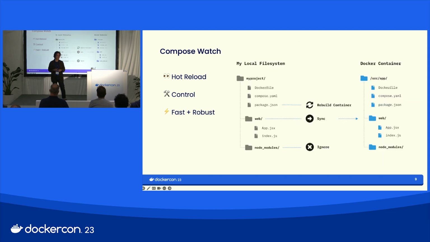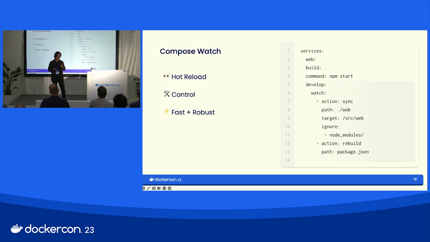I forgot to mention as well that the out-of-the-box hot reload experience is also enabled by our rebuild mode, which just says, hey, we want to automate it so that every time you make a change, we're just going to do the rebuild for you and speed it up with caching. That's just to remove that little extra friction of always having to rebuild and restart the container every time you make that change.